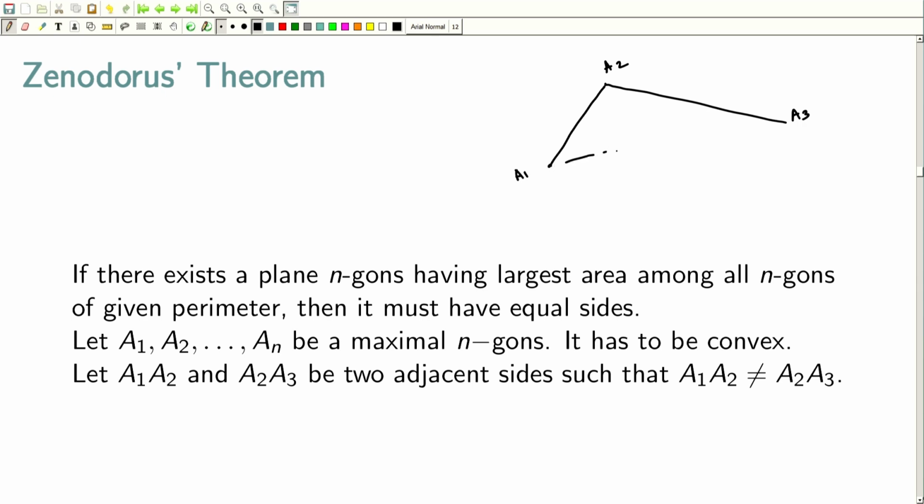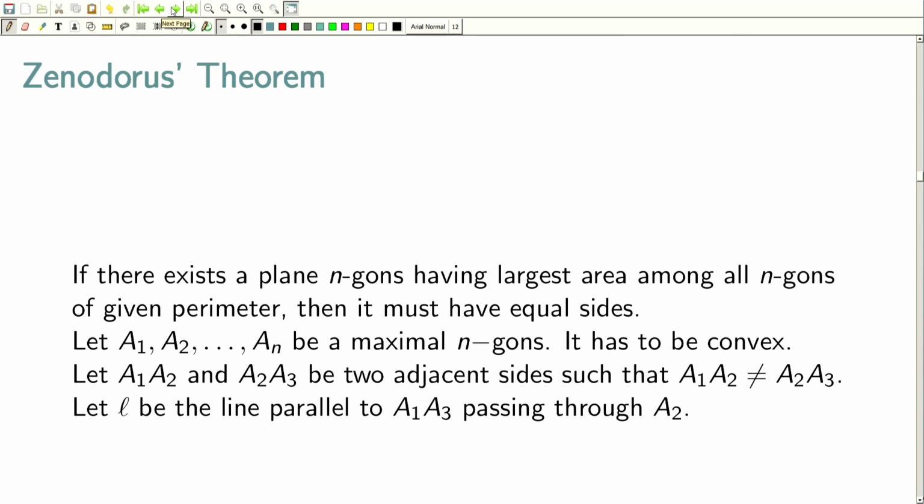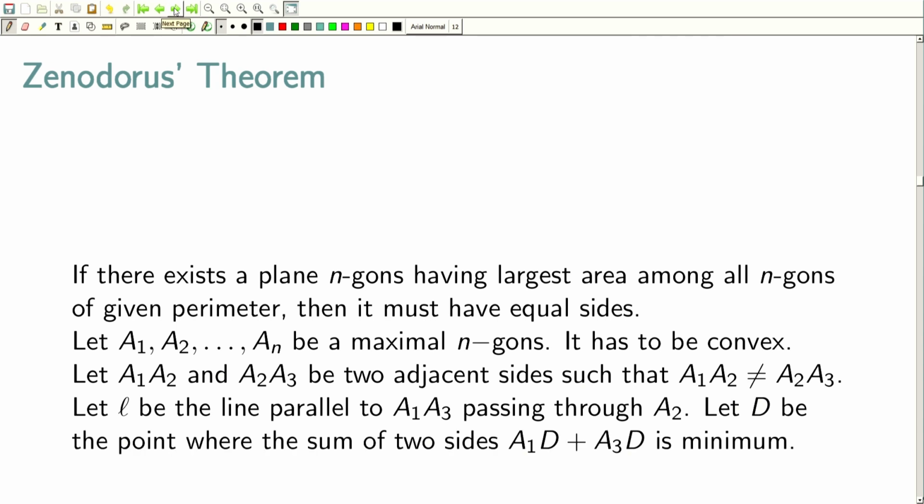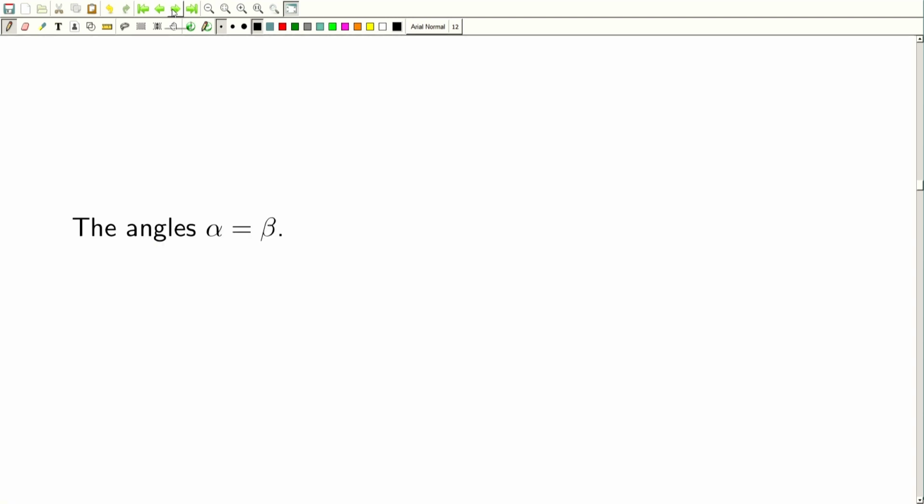So now you join the line A1A3, and draw a line parallel to A1A3 passing through A2. Then, by the previous observation, you will get a point D for which A1D plus A3D is minimum.